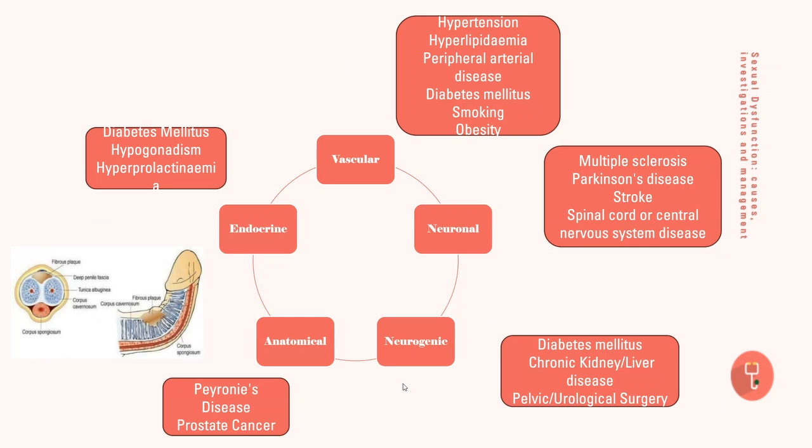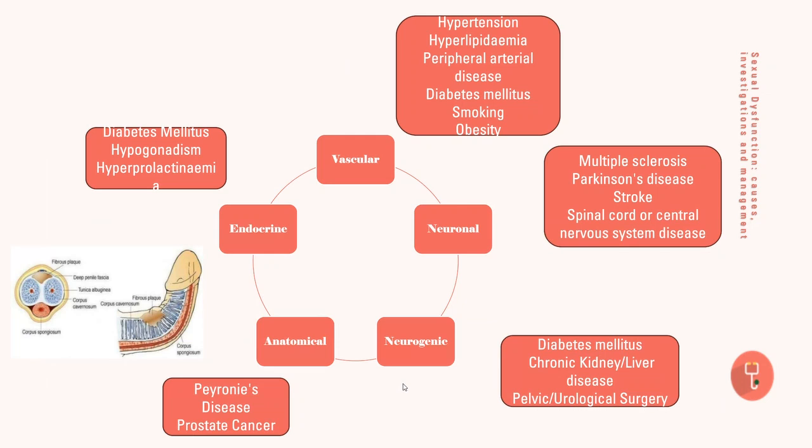And then anatomical, so Peyronie's disease, which is what the little diagram above there is. Essentially it's growth of fibrous plaque that causes the tissues to bend, and patients end up with a significant bend in the penis, which causes a lot of problems. And then prostate cancer as well.